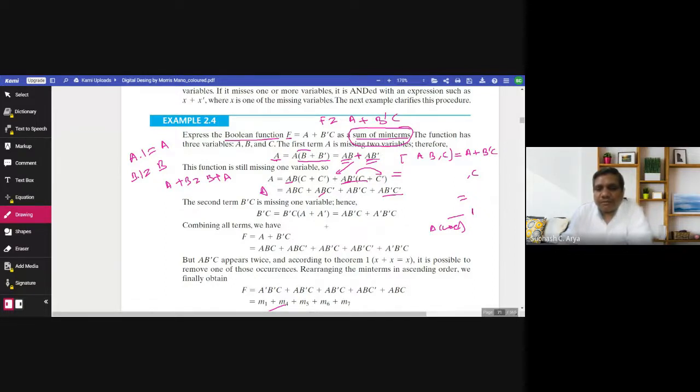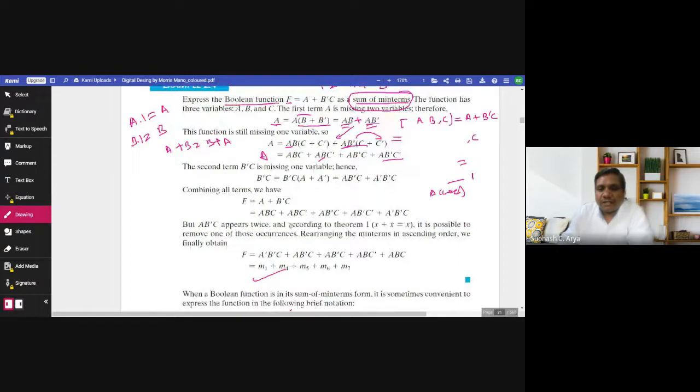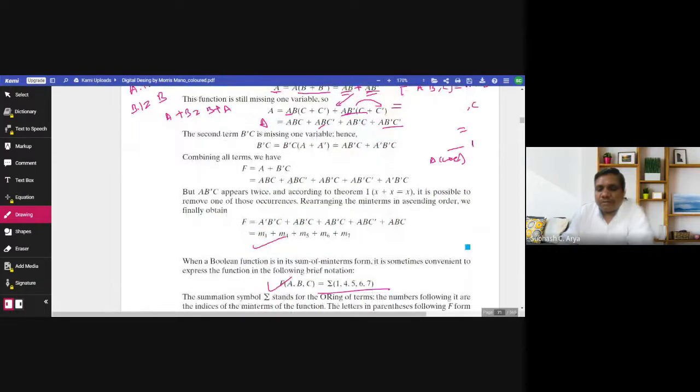Here we come to know that expressing the Boolean function as a sum of min terms means finding the missing literals in a given function. Like here f is equal to a plus b bar c. So we could express f as a b c plus a b c bar plus a b bar c plus a b bar c bar plus a bar b bar c.